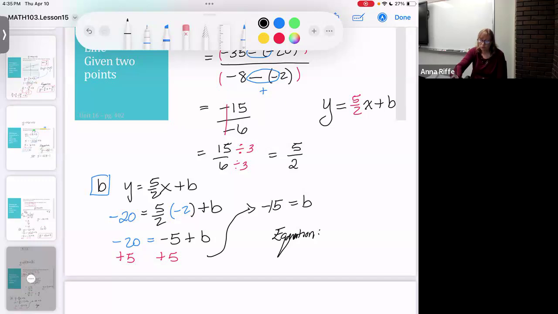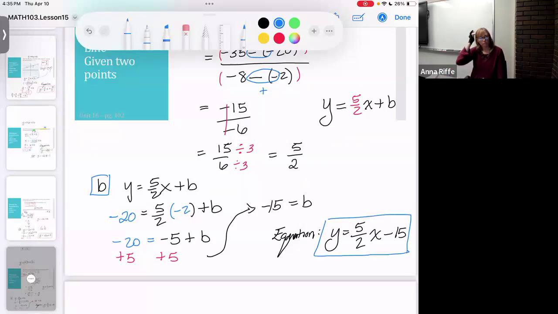To write my equation, I'm going to substitute 5/2 for m and 15 for b. Questions on that?